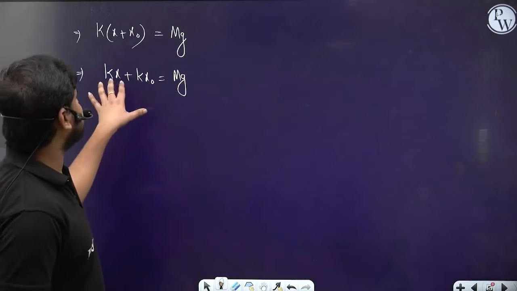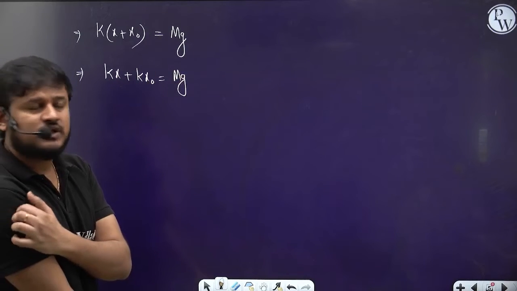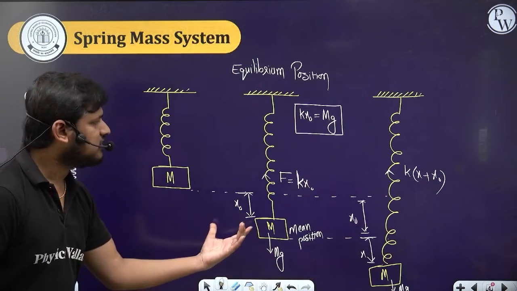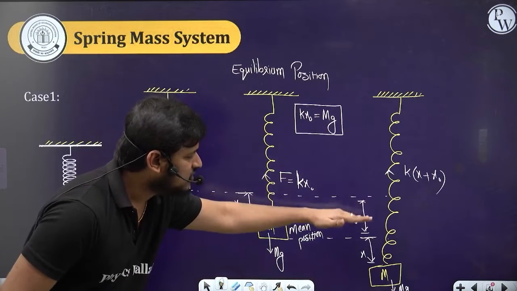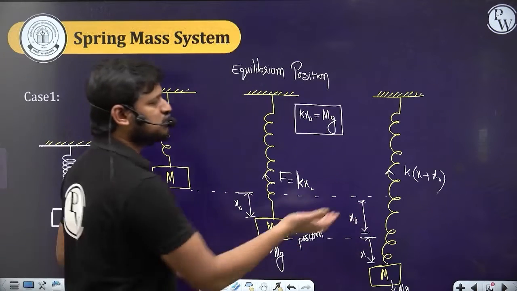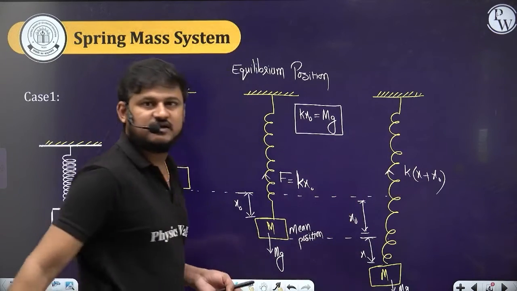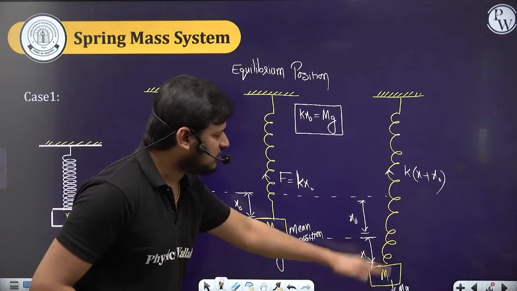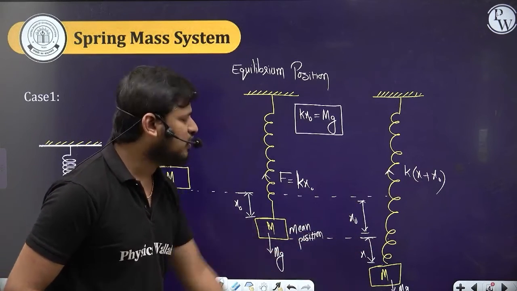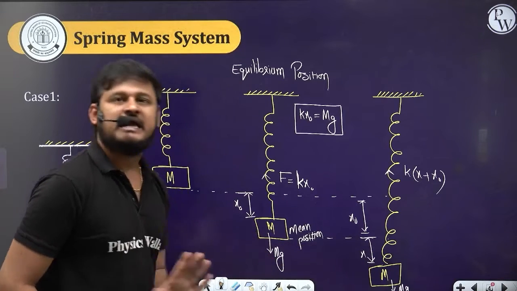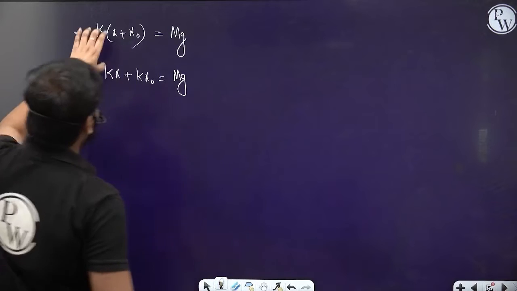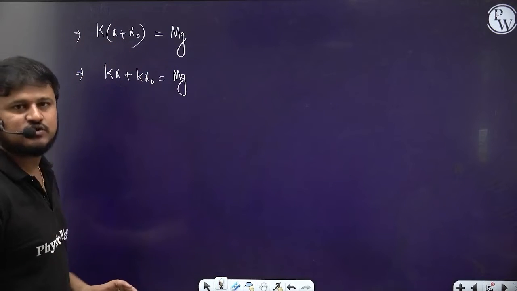The third case, we just displaced it by some more displacement x. So now the new spring force is what? k into x plus x naught. And the only force acting downward is the weight mg, right? So then I can write kx plus kx naught is equal to mg.